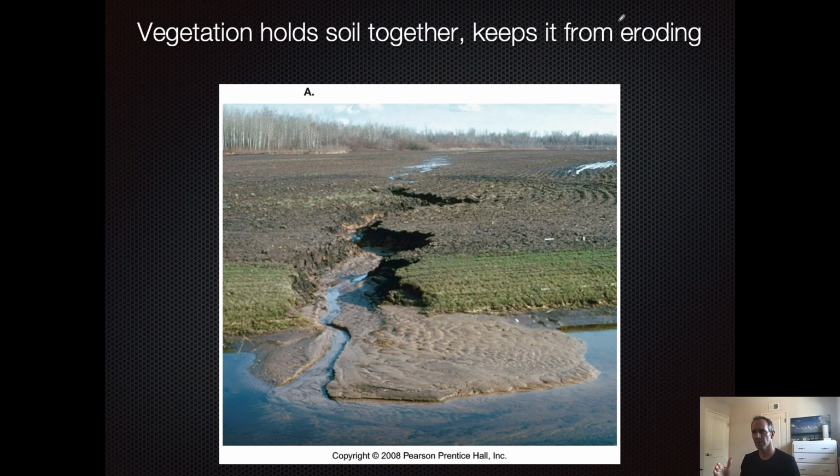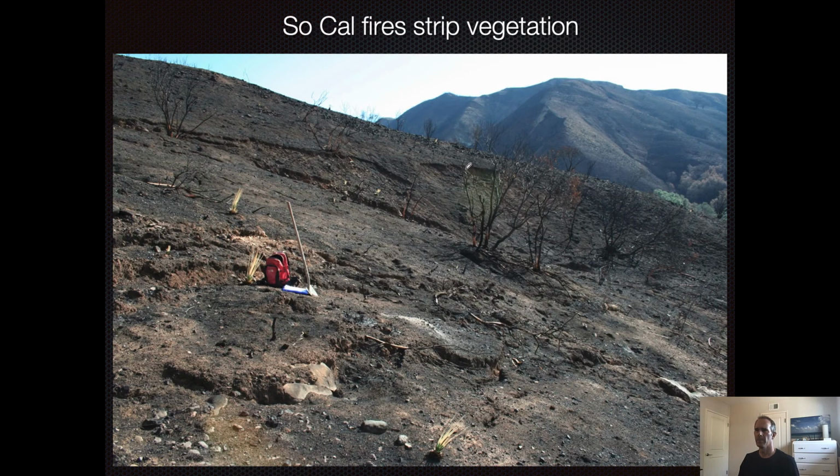So anytime vegetation is wiped off, whether it's bad practices in farming in the Midwest, you get soil erosion, stripping of the soils over time. In Southern California, our fires in the mountains oftentimes cause a lot of soil erosion and stripping of the vegetation from the fire. Then you kill the roots, and then that allows the soil to move down slope.